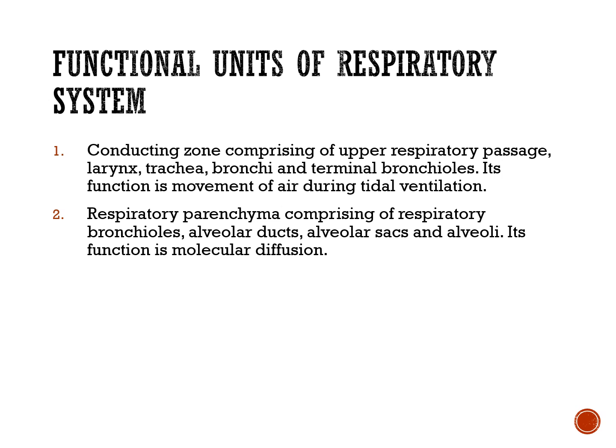Respiratory parenchyma comprises respiratory bronchioles, alveolar ducts, alveoli, alveolar sacs, and the interstitium. The function of respiratory parenchyma is molecular diffusion of gases. It is the disease of respiratory parenchyma that we are concerned with while looking at interstitial lung disease.